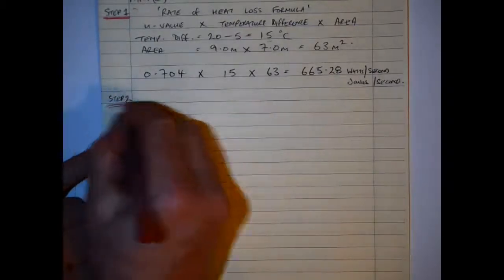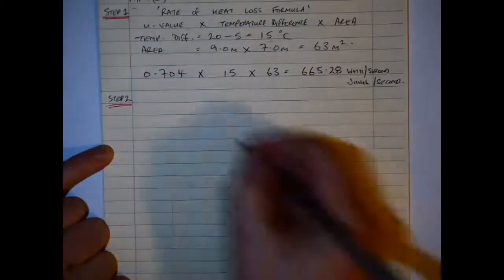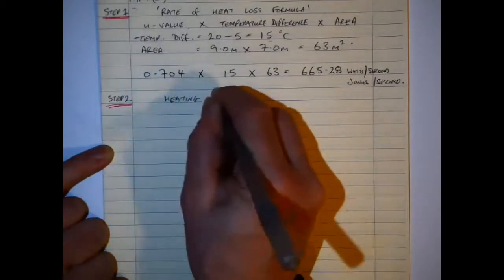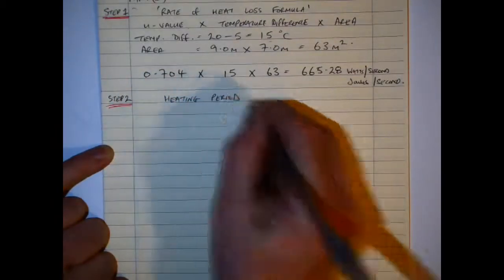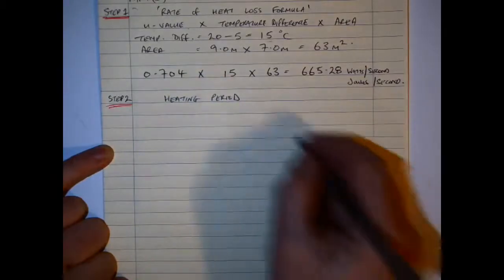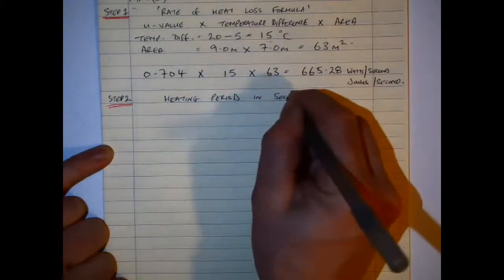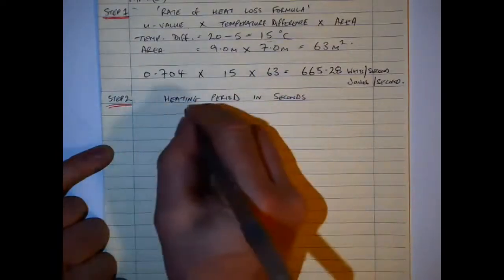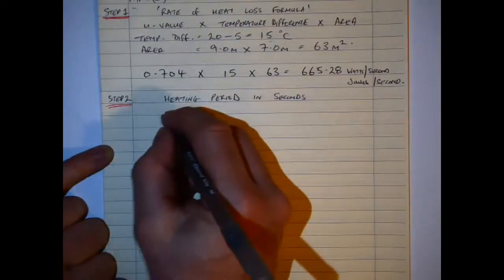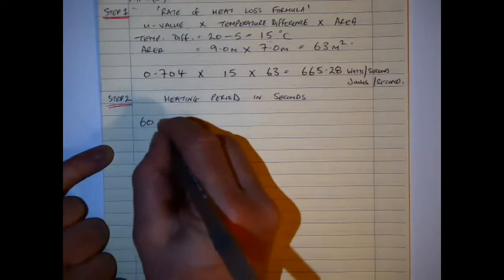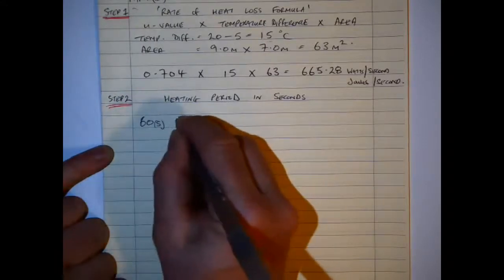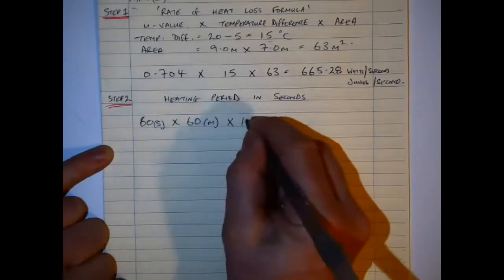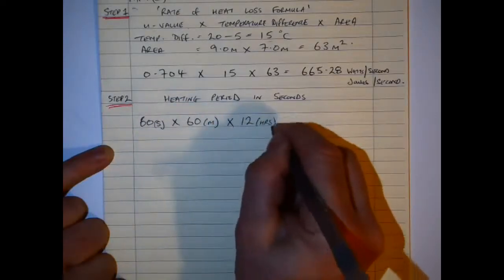is where we want to calculate what the heating period is in seconds, because our last value there is in seconds. We want to calculate how many seconds are actually in the whole heating period, whatever it is. It could be annual, it could be just a period of time. So we want to start out with seconds. The number of seconds is 60, multiplied by 60 minutes. The number of hours given in the question is 12 hours.